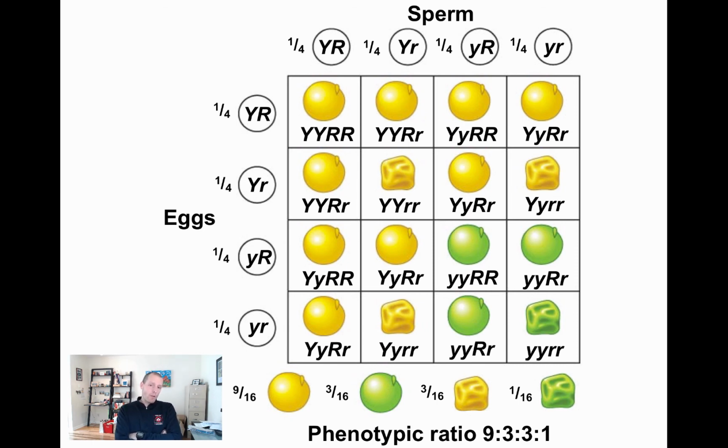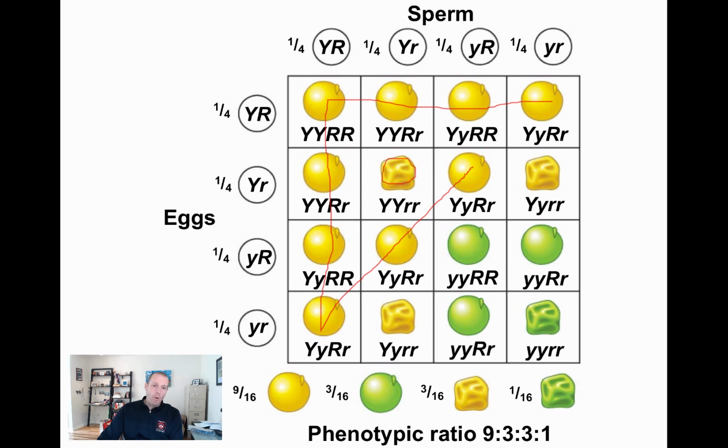But when you do this self-fertilization cross, what you end up with is an interesting phenotypic ratio. And so what you end up with is 9 yellow round peas.